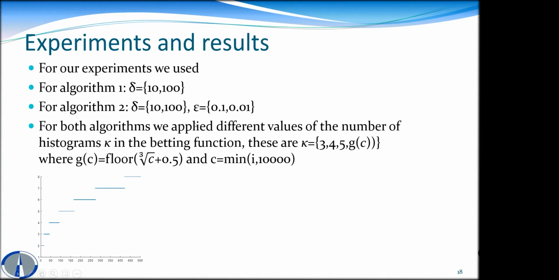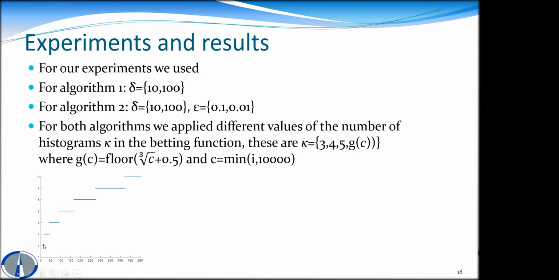For those algorithms, we have applied different values of the number of bins kappa in the betting function, and these are 3, 4, 5, and growing, where growing means that as the number of observations increases, we also increase the number of bins.